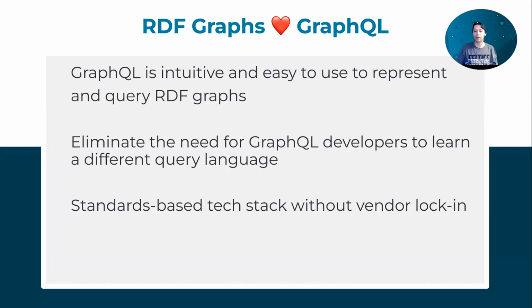I can run SPARQL queries against these things, but for developers who already know GraphQL, it's obviously much easier to use GraphQL to query the graph with all the reasoning and inferencing capabilities directly exposed through GraphQL as well. And end-to-end, everything is based on standards. So it's the GraphQL standard, and there's the RDF standard as well.